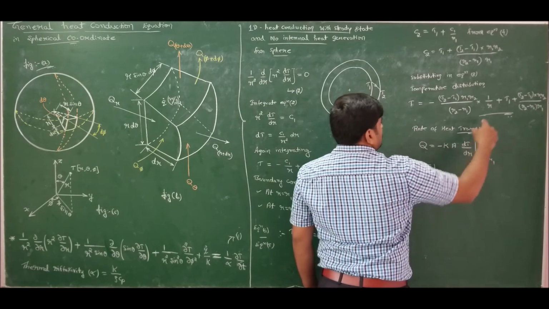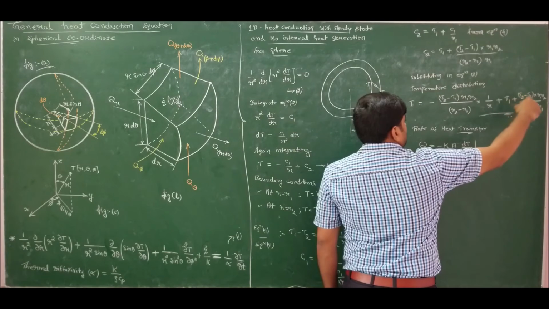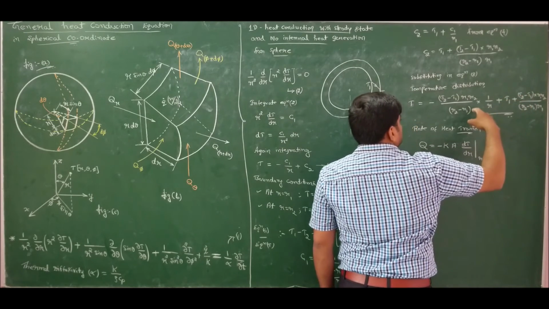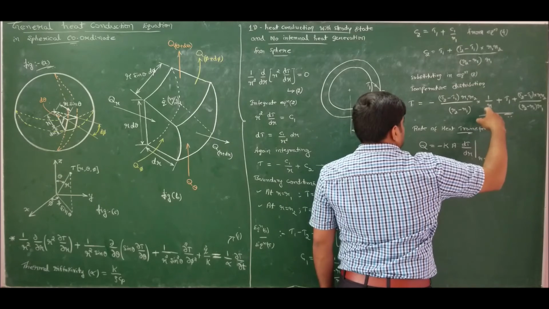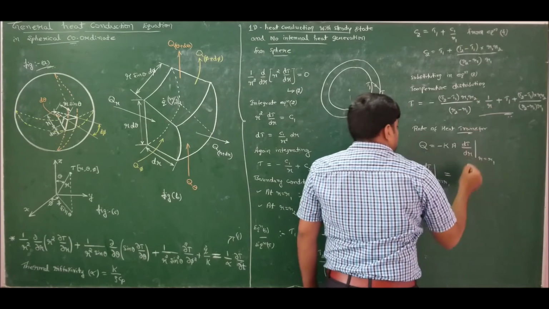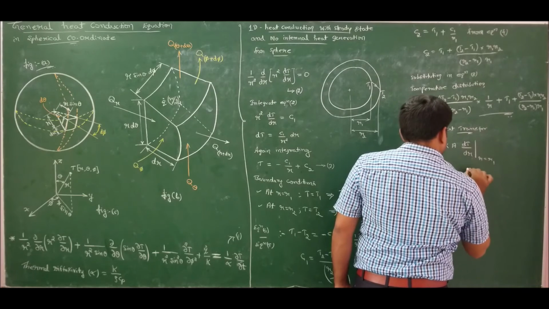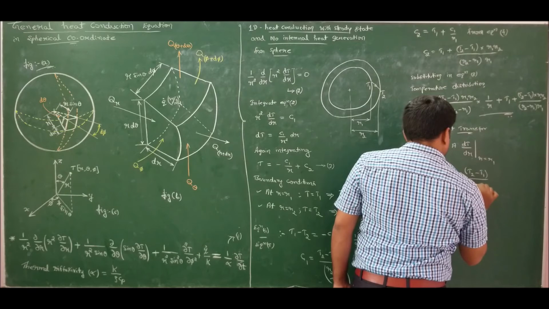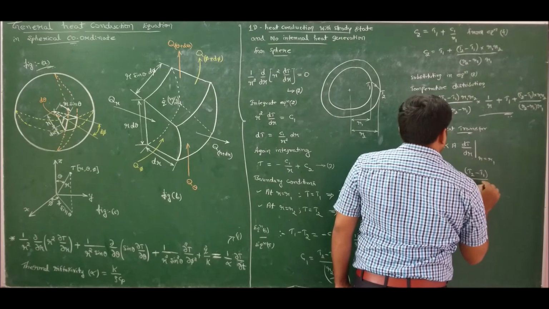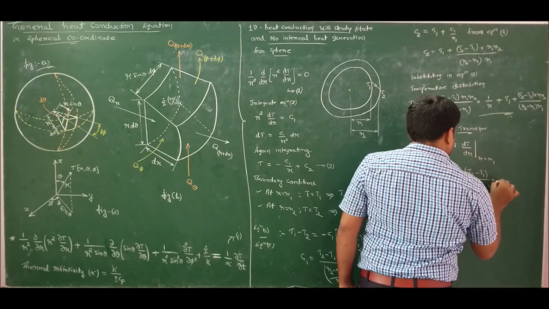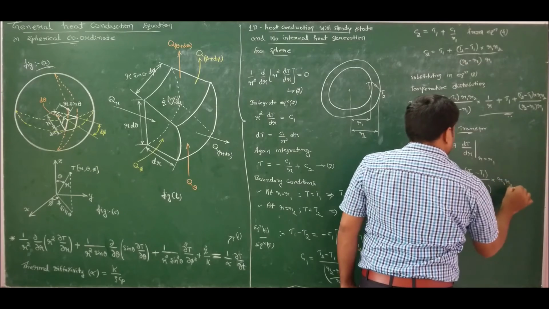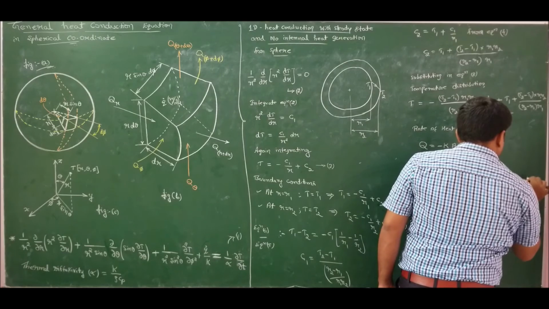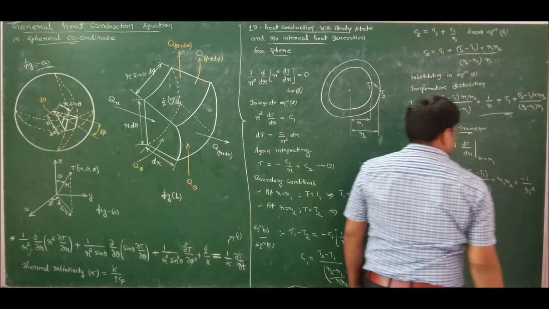T1 is constant, so it will become 0. This entire term has only R1 R2, therefore this will also become 0. Only we have this term for R. So differentiation of this term gives minus T2 minus T1 divided by R2 minus R1, into R1 R2, which is constant.